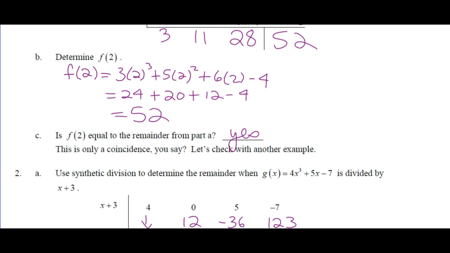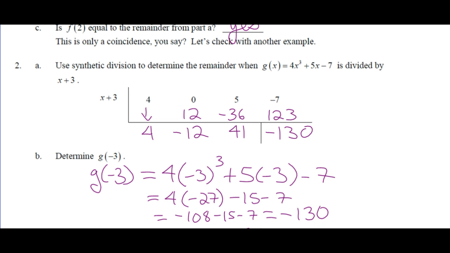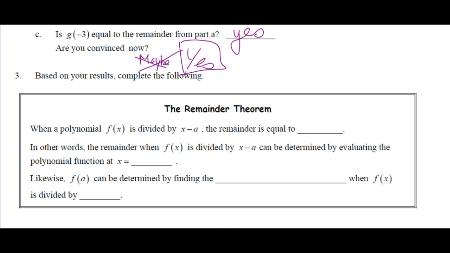When I divided by x minus 2, the remainder was equal to f of 2. When I divided by x plus 3, the remainder was the same as g of -3. So when I divide by x minus a, the remainder is equal to f of a, where a is the number following a minus sign, right?